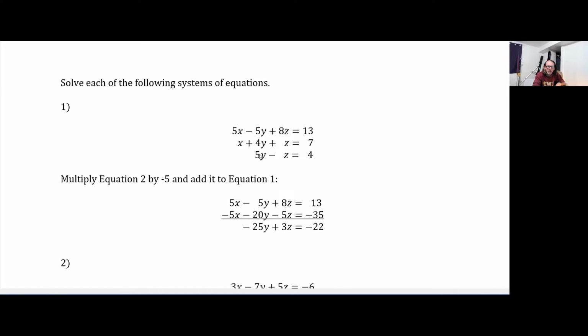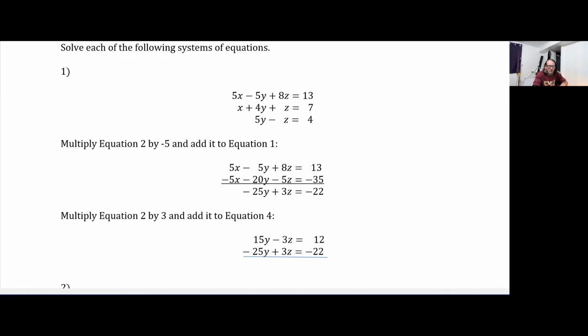I could either multiply everything in equation 3 by 5, because 25y would cancel -25y, or I could multiply everything in equation 3 by 3, because a -3z would cancel +3z. I'm going to go with that smaller number. I'm going to multiply everything in equation 3 by 3. Here's what I get.